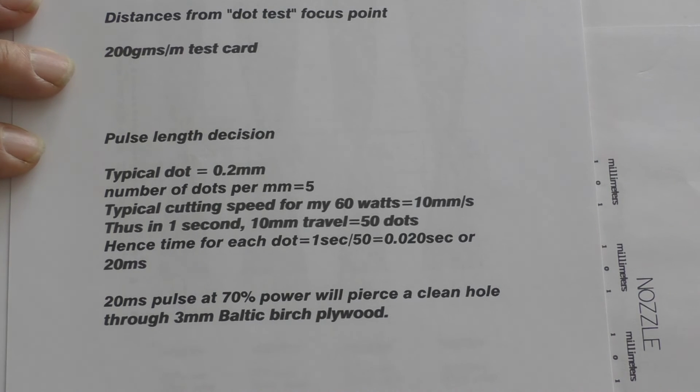It will pierce a nice clean hole through that starts off at around about 0.35 millimeters, something like that, and comes out the other side at around about 0.3. There's a small change in diameter. I started off using that as the basis of my argument. Typically we can expect a dot or a hole of around about a beam width of around about 0.2.